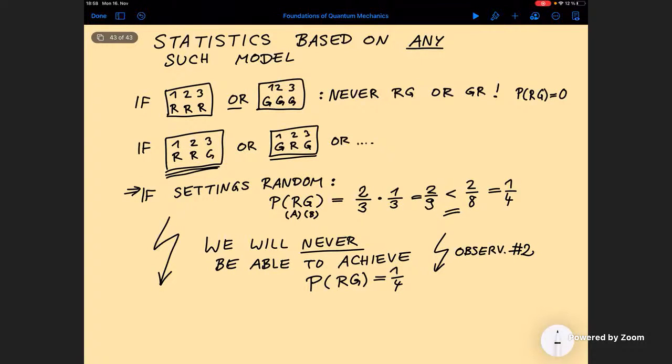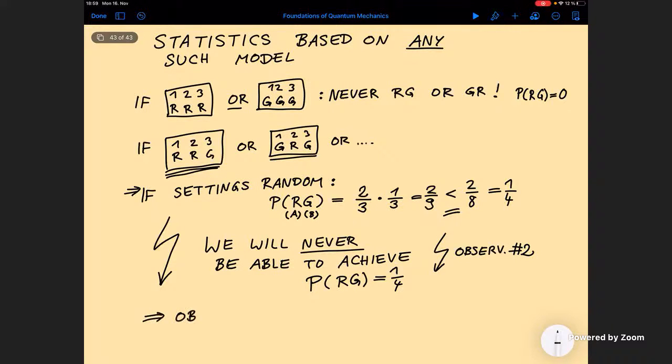So in a sense, you could say the attempt to get these perfect correlations when the same settings are applied has enforced too much of a tendency towards the same colors, because you see, even if the settings are then chosen randomly, the RG or GR, same calculation, is suppressed, and the RR and GG combinations are still too high of a probability.